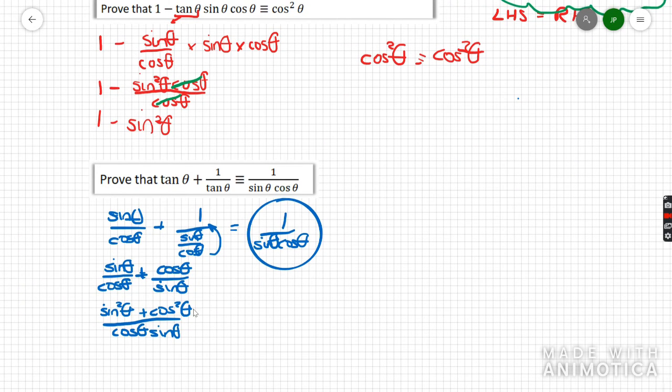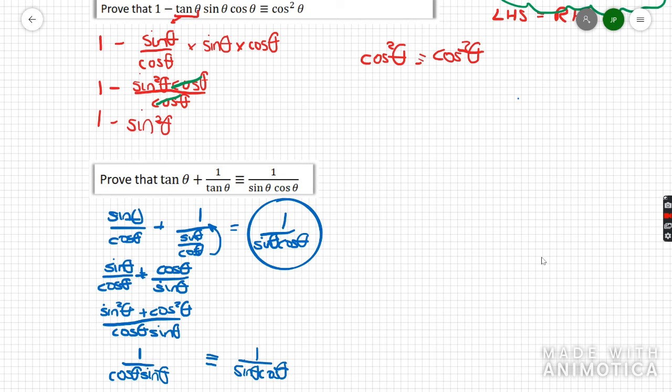So all I need to do is replace it, which gives 1 over cos theta sine theta. And we've proved it's the same. So again, it uses both of them: a bit of algebraic manipulation, using the trig identities, and we can work our way through. Nothing massively difficult. You will get more used to these the more we use them.